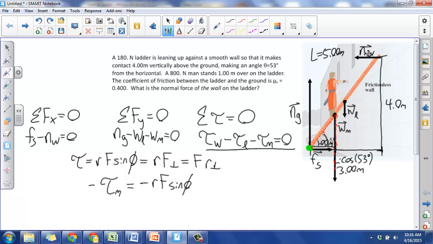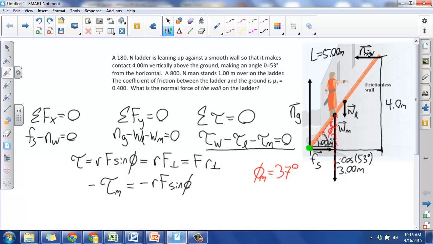Okay. So this is going to be our phi for the man. So that is clearly going to be phi sub m is going to be 90 minus 53, which is 37 degrees.